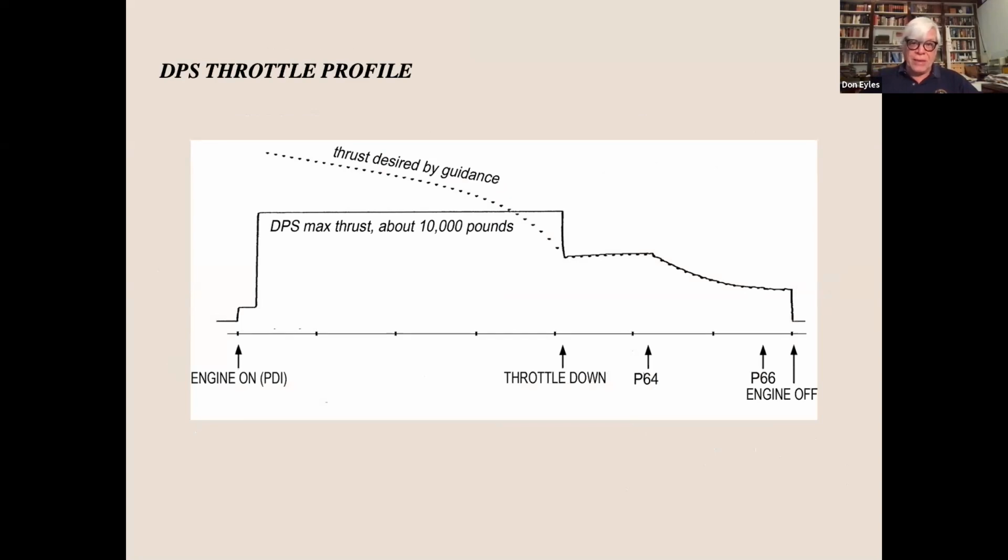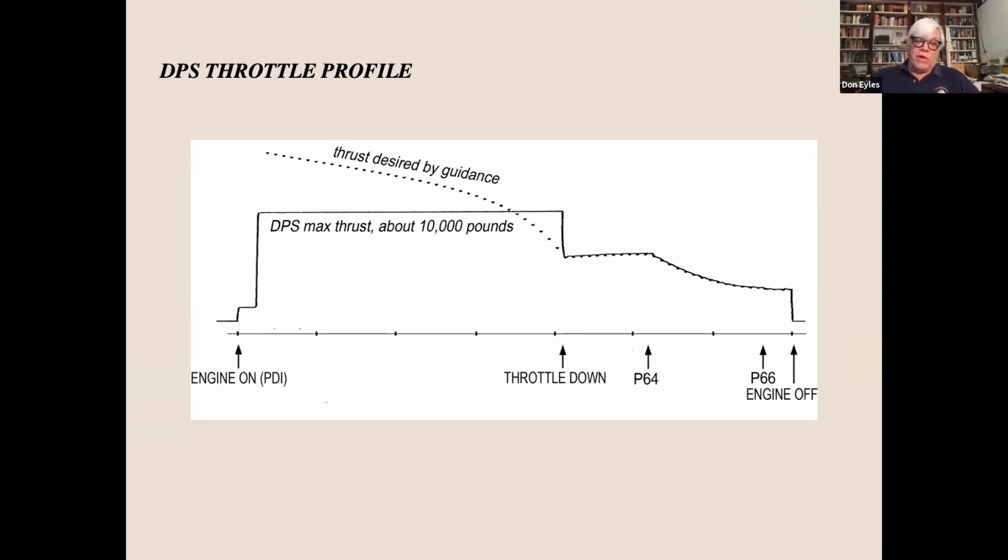So the thrust profile during a landing looked like this, where for a long period during the braking phase, we simply ran the engine at its maximum. And finally, when the guidance equation concluded that the thrust needed to be within the fine control threshold, if you will, something would happen called throttle down, where in one swoop, the engine would be throttled down from maximum to somewhere in the 50s.